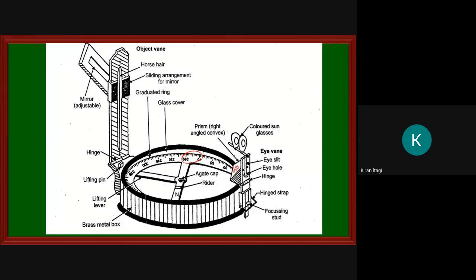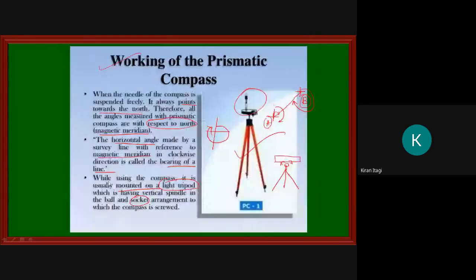From here we will see the reading. Sometimes you are not able to see the readings very clearly, so we move a little bit up or a little bit down to see the reading carefully. This method is called focusing.